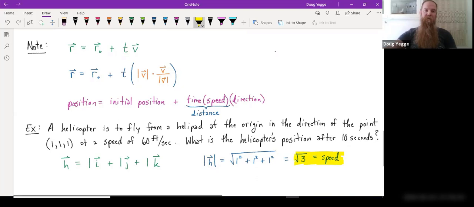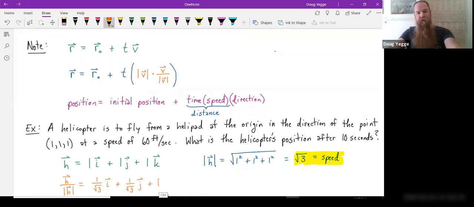In order to find the direction, we just have to take it a step further and take h over its magnitude, which is our direction, which means that our direction is 1 over root 3 i plus 1 over root 3 j plus 1 over root 3 k.